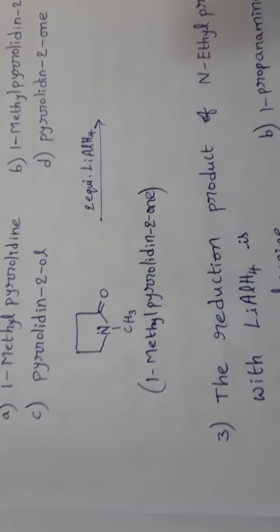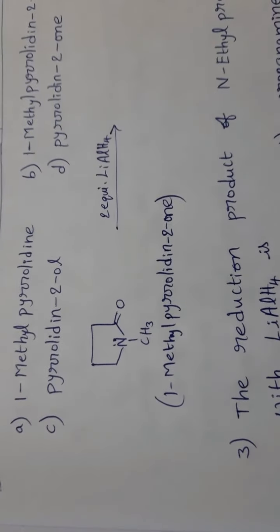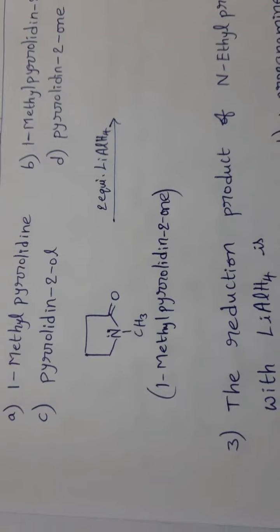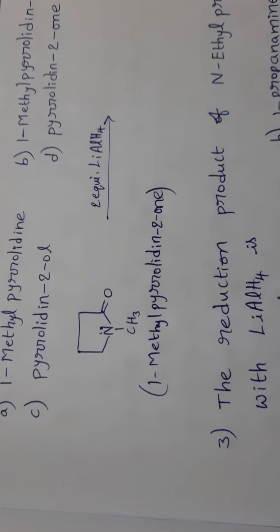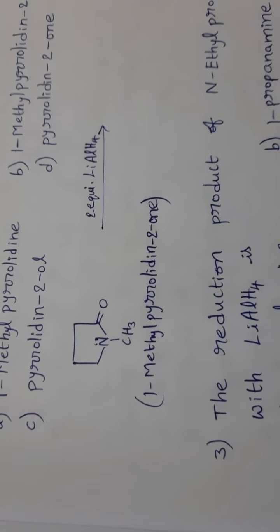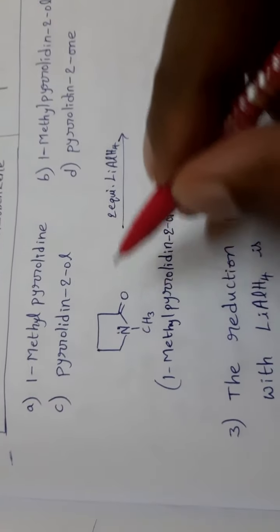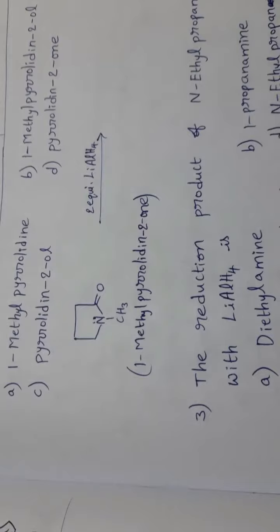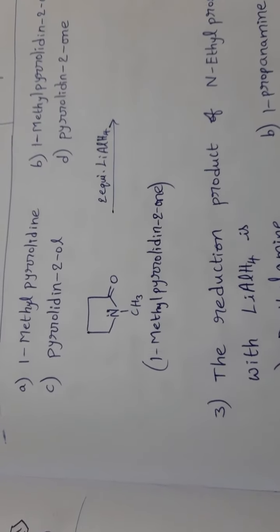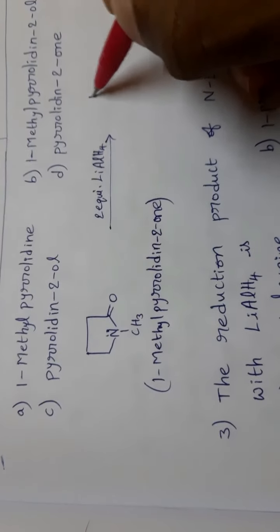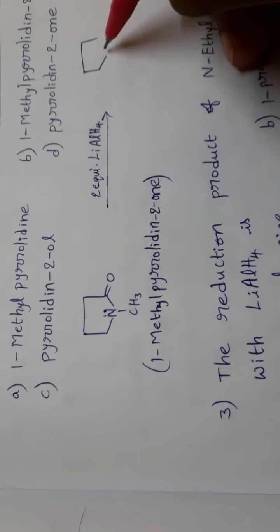Keto group is converted to secondary alcohol. Now that alcohol is treated with 1 more equivalent of LiAlH4, then it is converted to alkane. Here also keto group is treated with 2 equivalents of LiAlH4. That's why finally we can get this is the product.